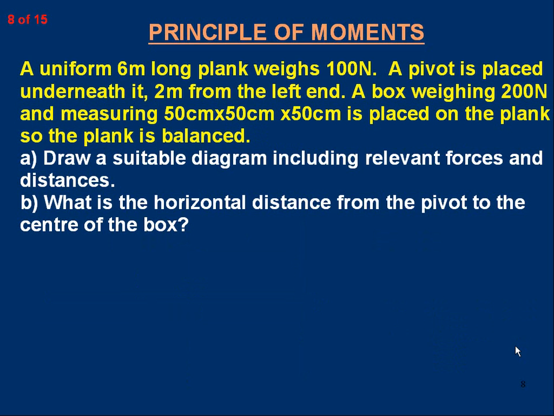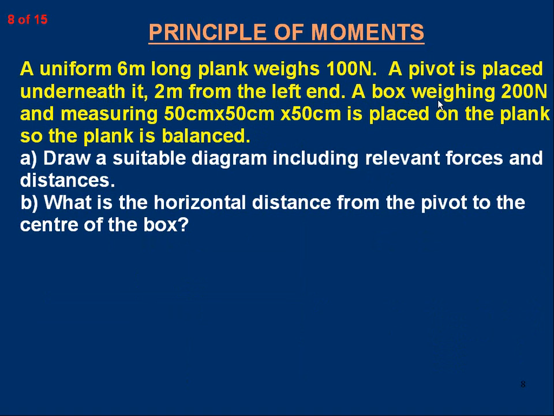Now here's a rather difficult one for you, and it's difficult because I'm not giving you a diagram. I'm asking you to draw your own diagram. Let me read through the problem. A uniform 6-meter long plank weighs 100 newtons. A pivot is placed underneath it 2 meters from the left end.